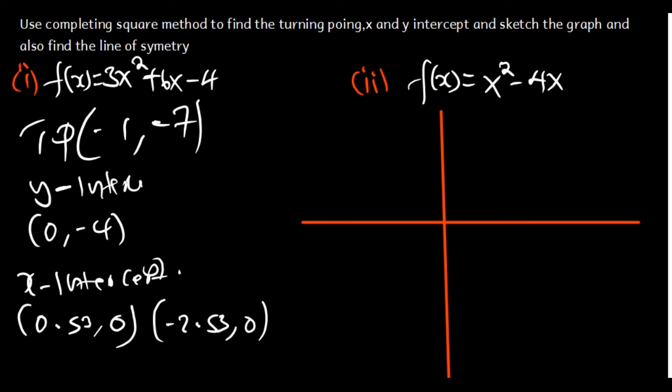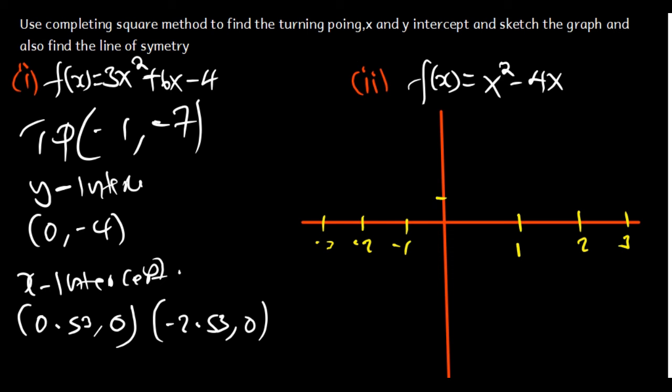Now we have the values. Let's say we have a 1, a 2, and a 3. So here let's also have negative 1, negative 2, negative 3.